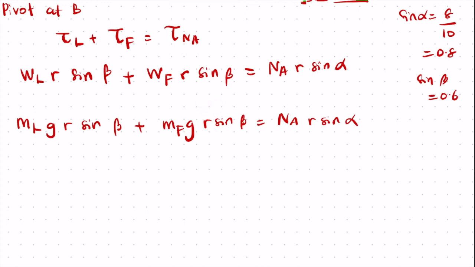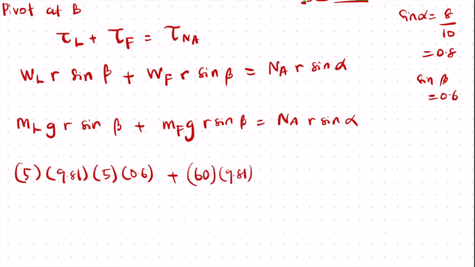Before this, the distance is 3. Okay, M, the mass of the ladder, is the same, 5 times 9.81. R is 5. Sin beta is 0.6 plus MF, 60 times 9.81. R here is 7. Okay, sin beta is 0.6. Then NA R is 10, 0.8.